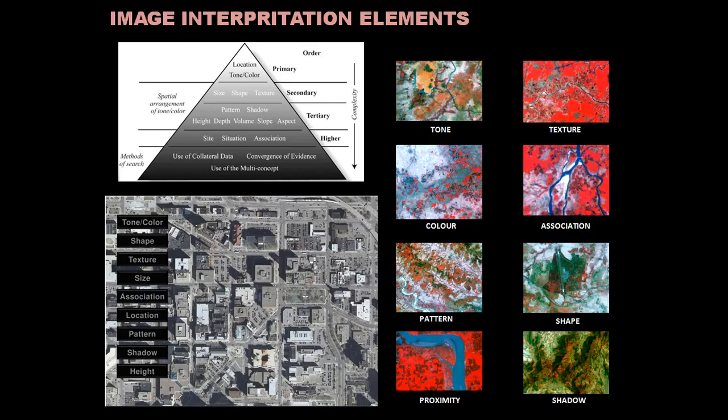So here we can identify the image features using such interpretation elements like tone, texture, color, association, shape, shadow, proximity, patterns, etc. So using these elements, which you have studied in your undergraduate studies, these are very important to identify the features from the satellite imageries, and on the basis of these features we can classify the objects digitally from the satellite images.